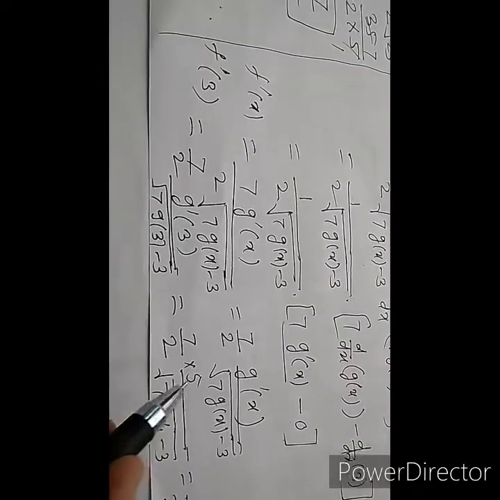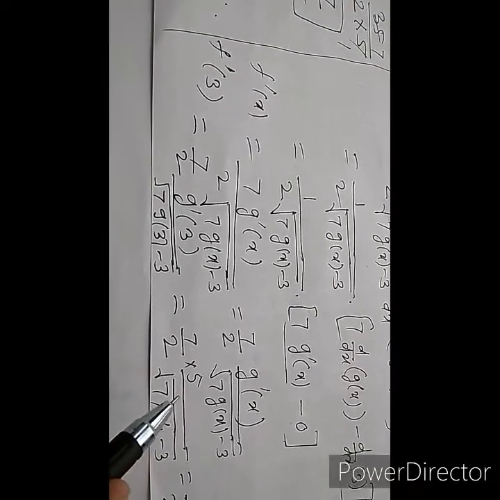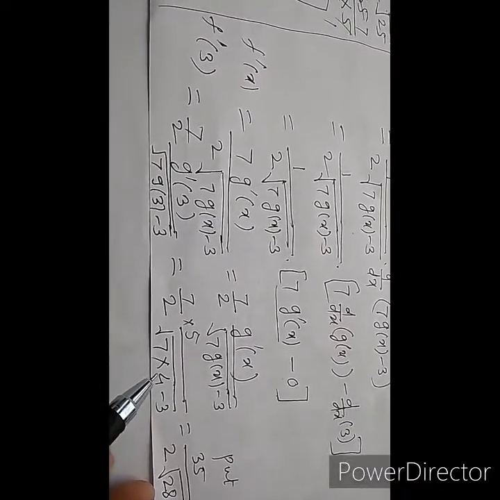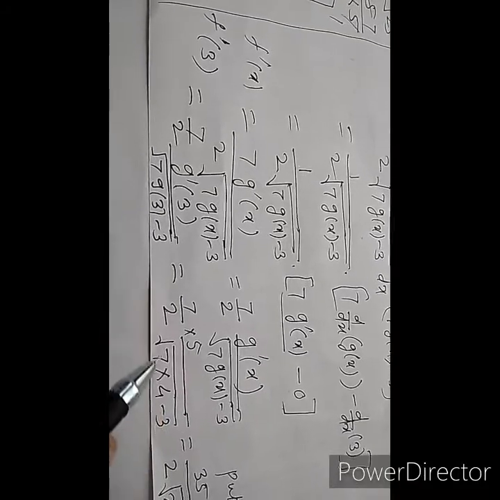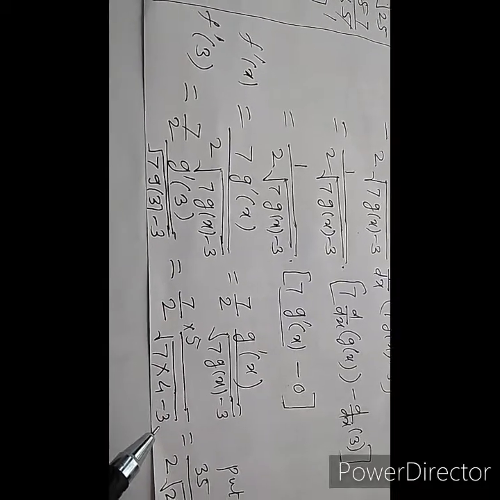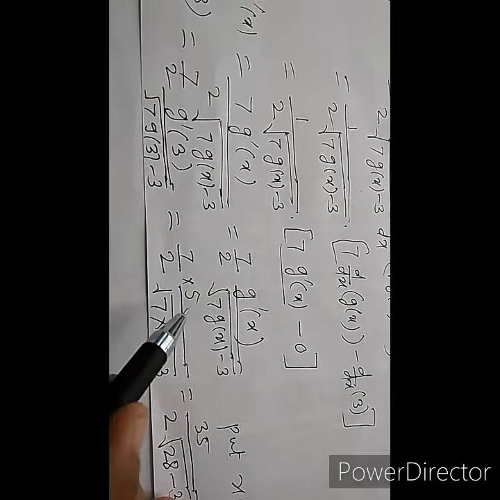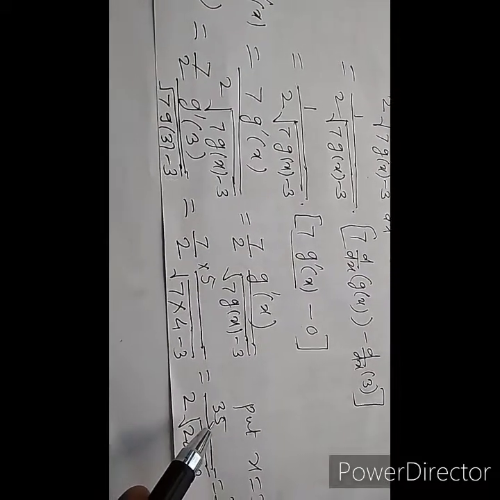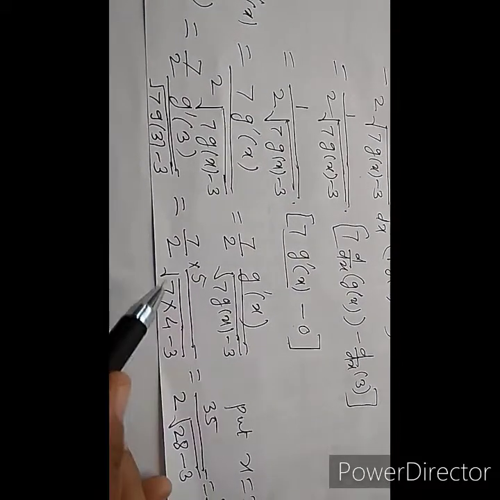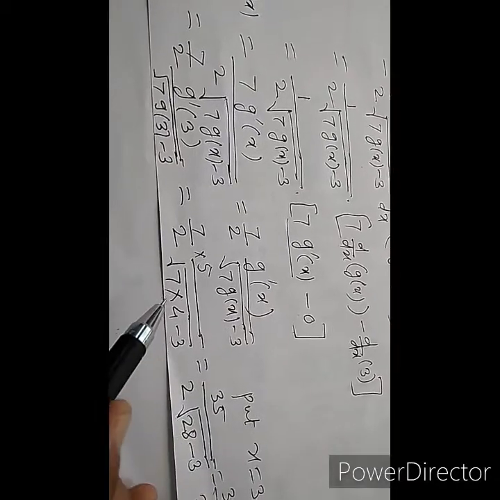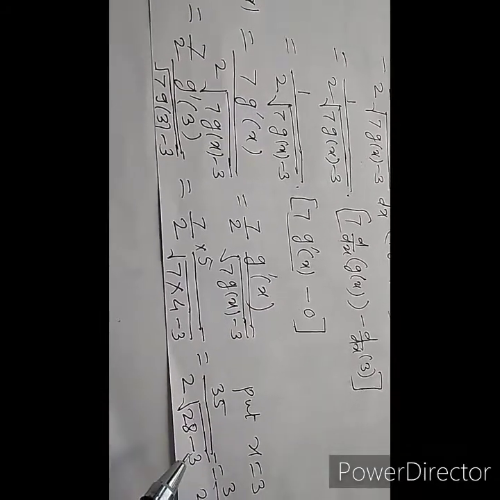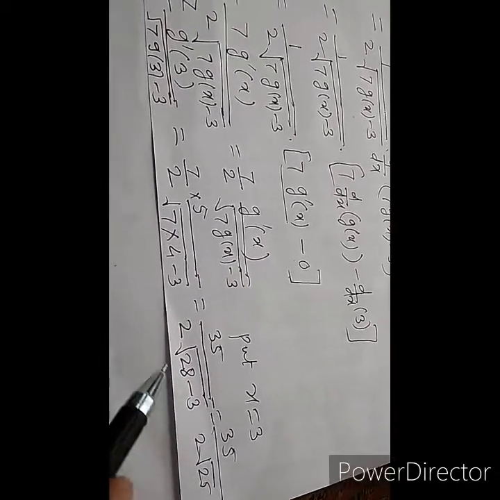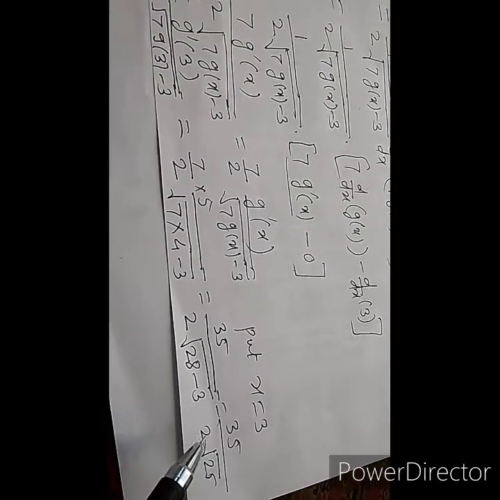So by putting these values, g dash of 3, that is 5, upon root 7 into g of 3, that is 4, minus 3. Now 7 into 5, 7 fives are 35, upon 2 as it is, in root 7 fours are 28, minus 3. 35 upon 2 root 28 minus 3, that is 25.